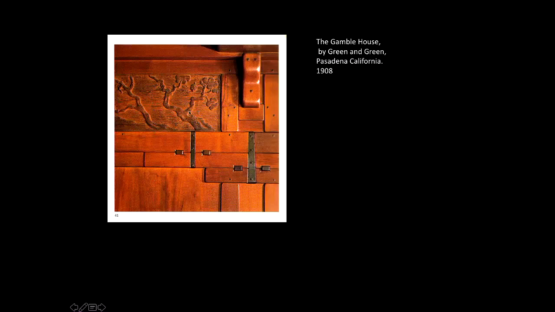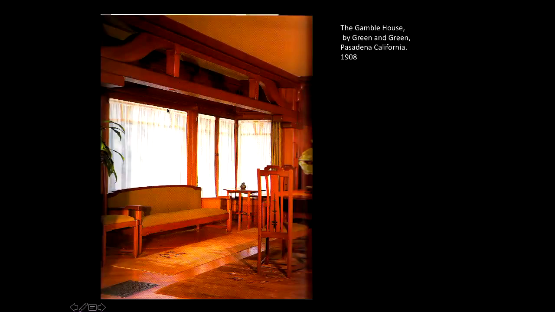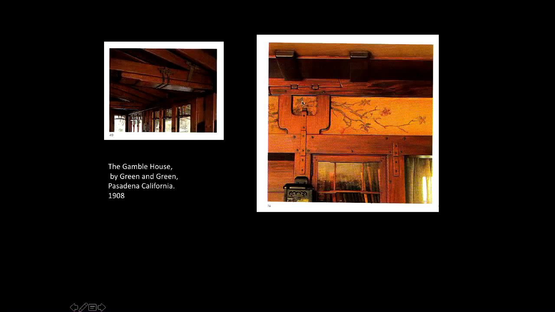I don't know if this is part of the fireplace mantelpiece. And here, this is not a carving, but some type of textile that was woven of cherry blossoms, in panels that are underlaid behind this wooden joinery here.